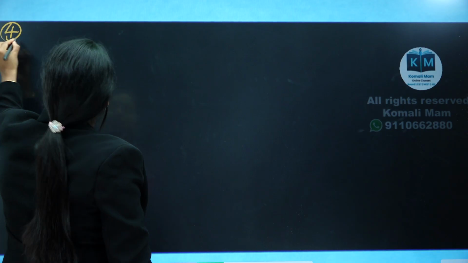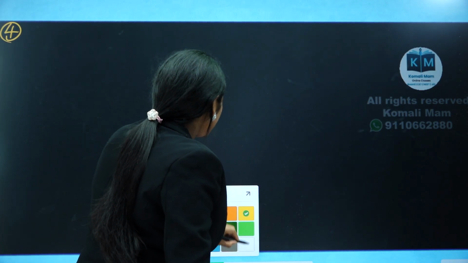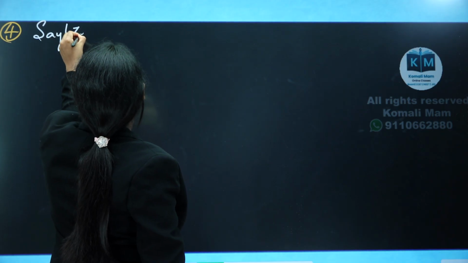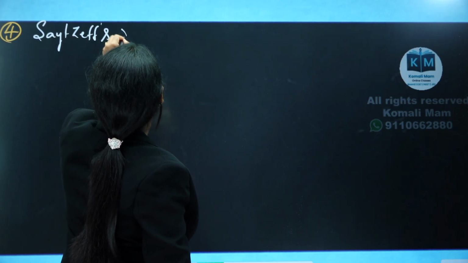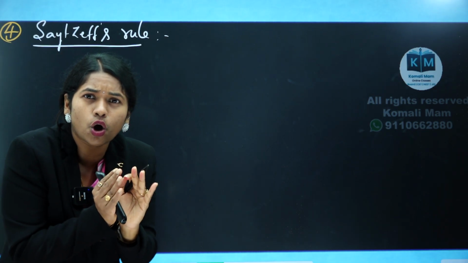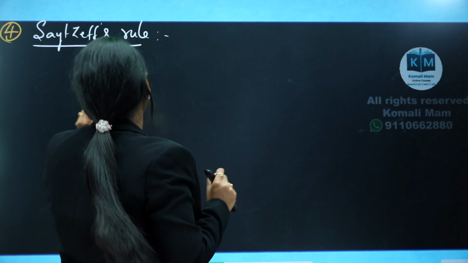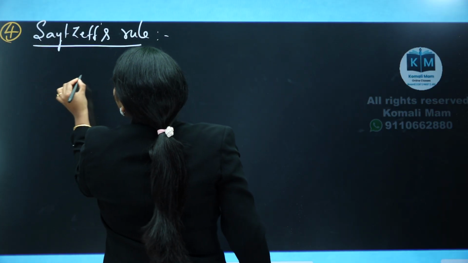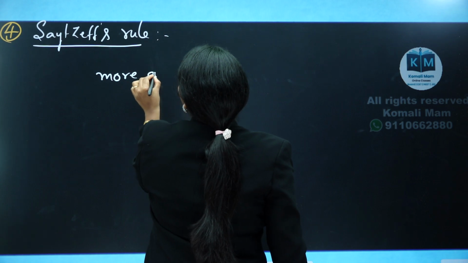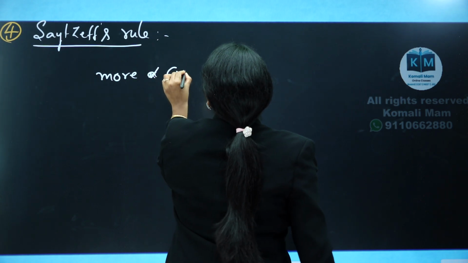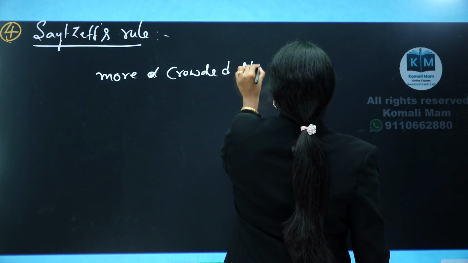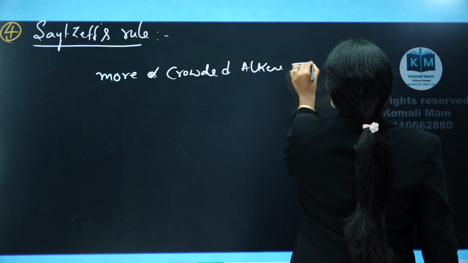Point number 4. It follows Saytzeff's rule, which is also known as Zaitsev's rule. Here I am not going to discuss the rule in detail, but in a short, simple way I'll tell you. That is, the more crowded alkene is major.